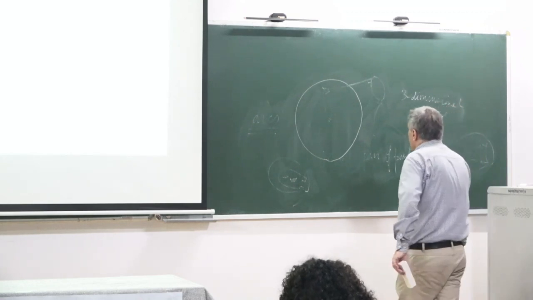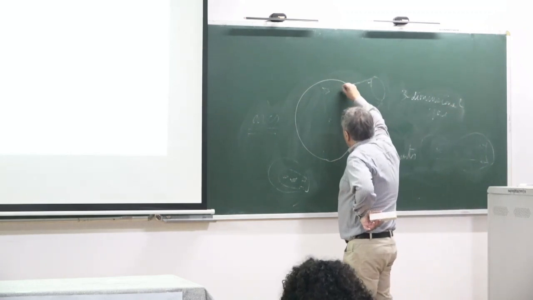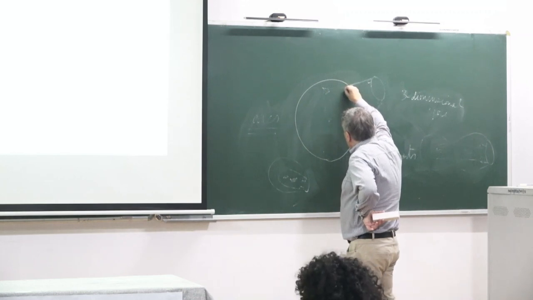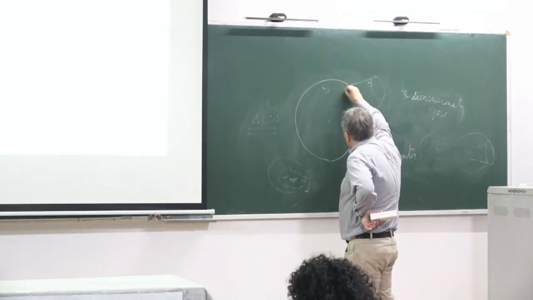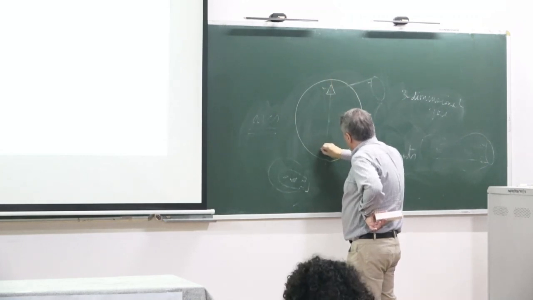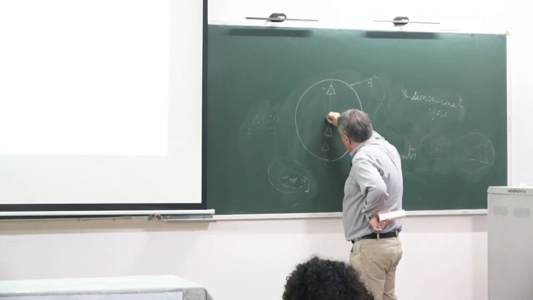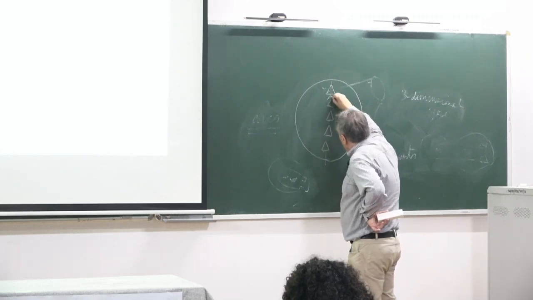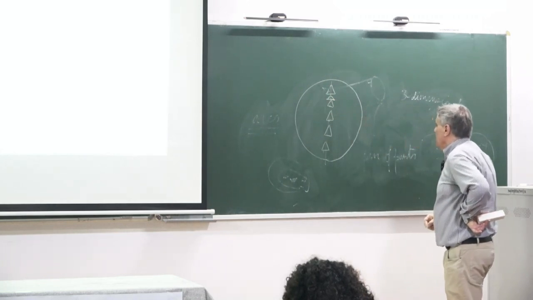So let me say that, okay, I will take the Finsler structure. I took triangles, but let's complicate a little bit. So here I have all these. At each point of this diameter, I have these triangles.